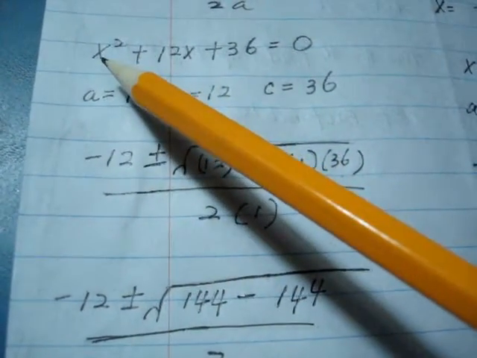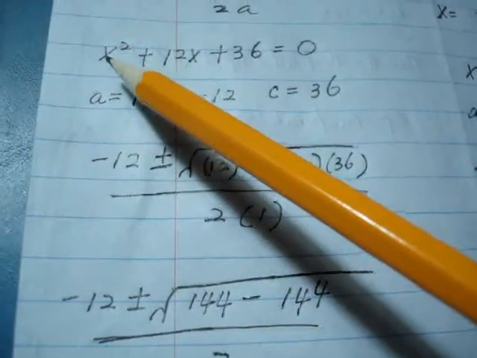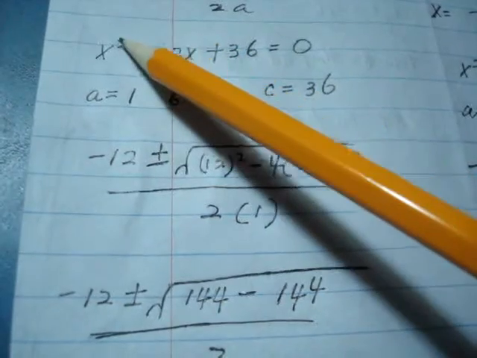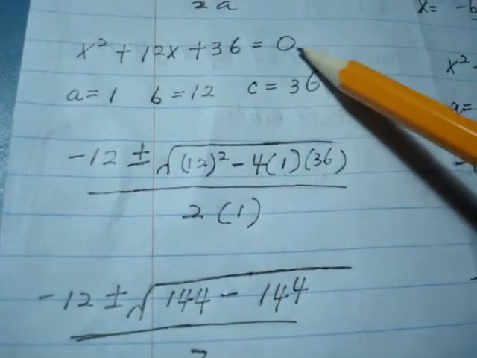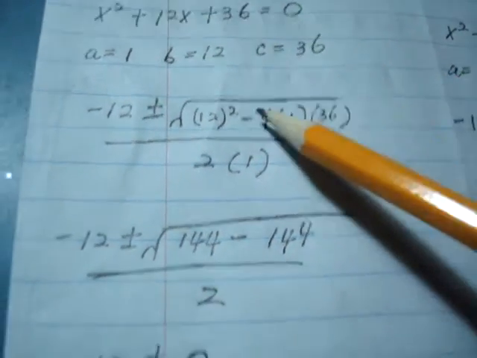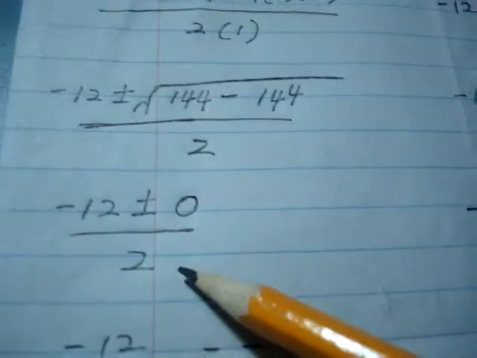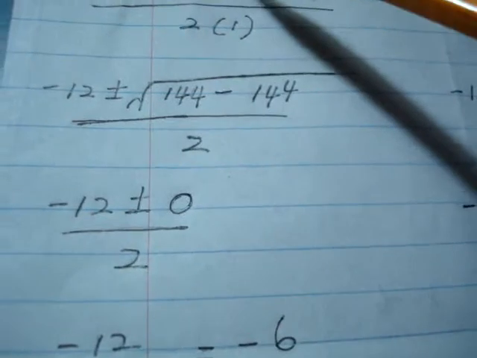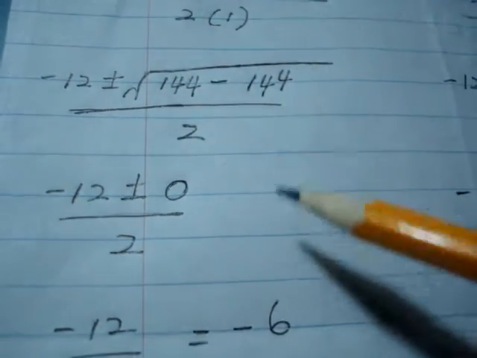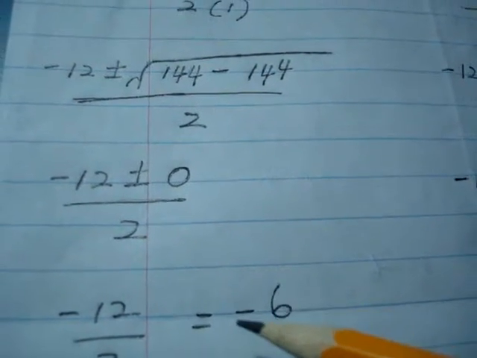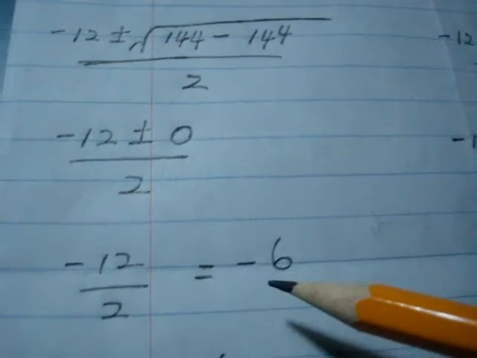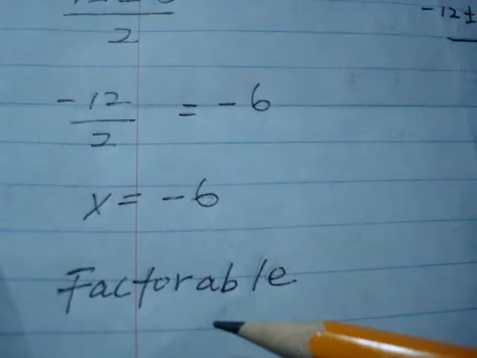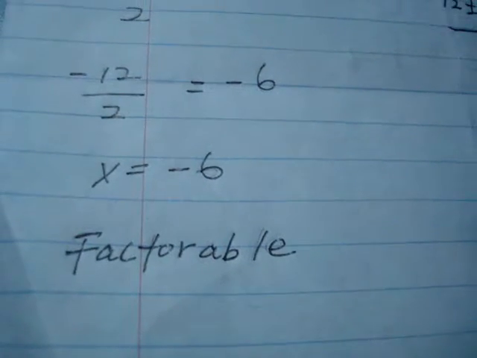The value of the x variable, which is negative 6, when you plug it into this original given quadratic equation, equals 0. So every time you use the quadratic formula to solve a quadratic equation and the answer comes out to be a whole number, it's an indication that this quadratic equation is factorable.